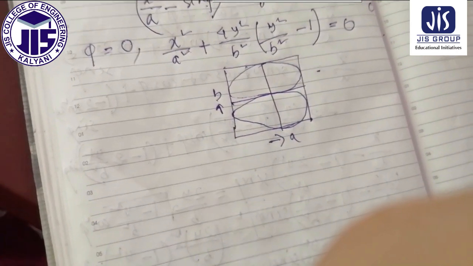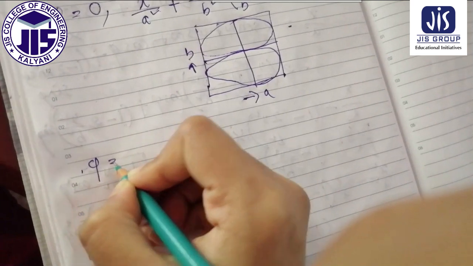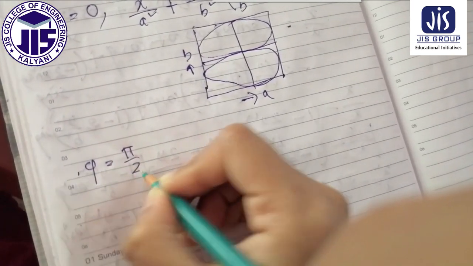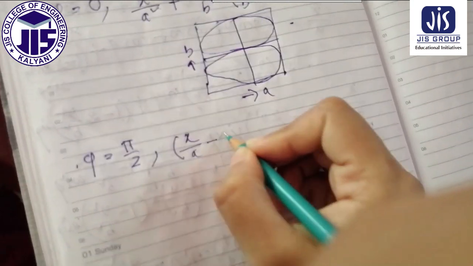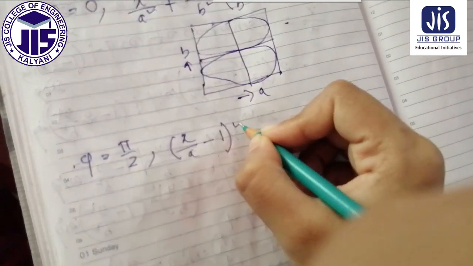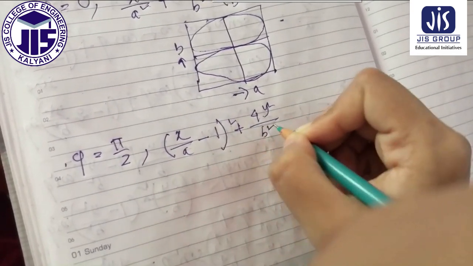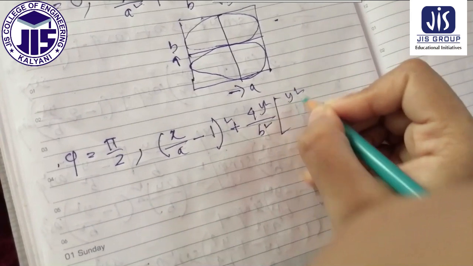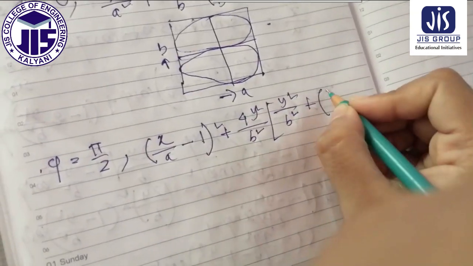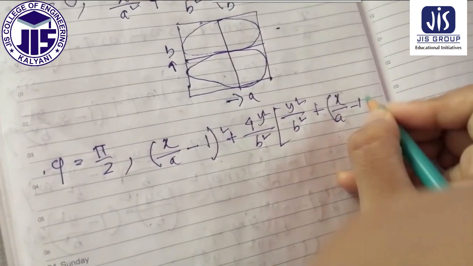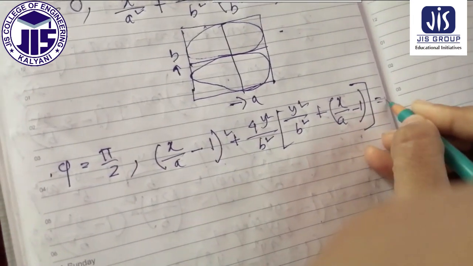Now if we put the next condition, like phi equal to pi by 2, then (x/a − 1)² + 4y²/b² · (y²/b² + x/a − 1) equal to 0.